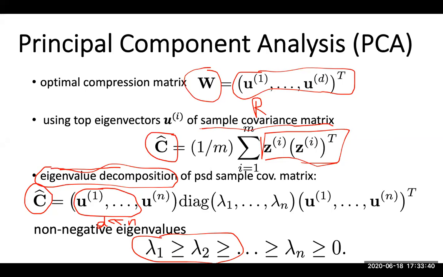Computing the eigenvalue decomposition of the sample covariance matrix, which is of dimension billions times billions, is highly non-trivial and might take a lot of computational resources.